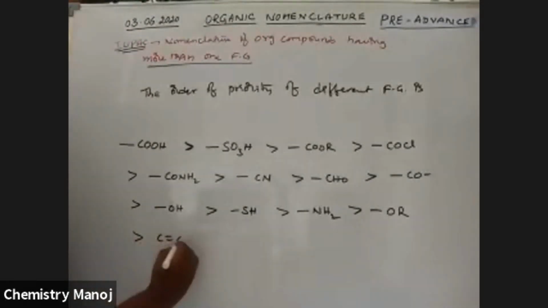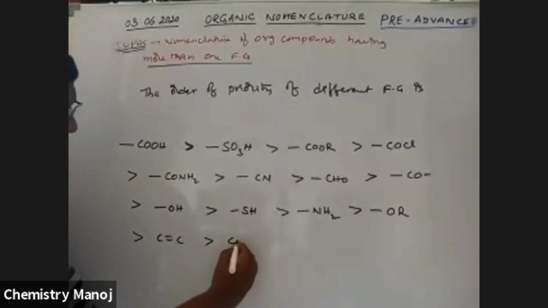After that, C double bond C, which is major than C triple bond C. So this is the order of priority of different functional groups.